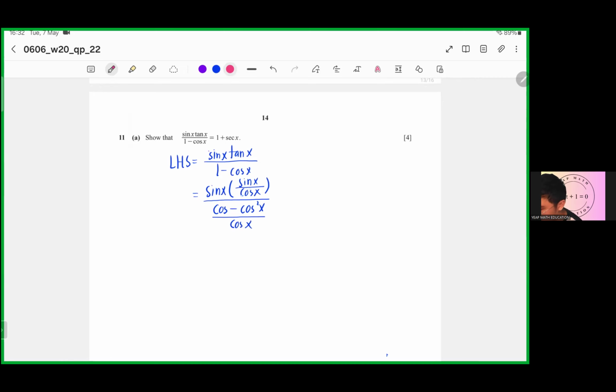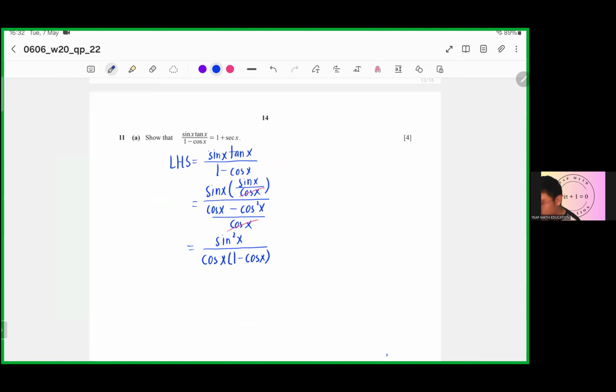So sine squared over cos, and cos is cos squared.